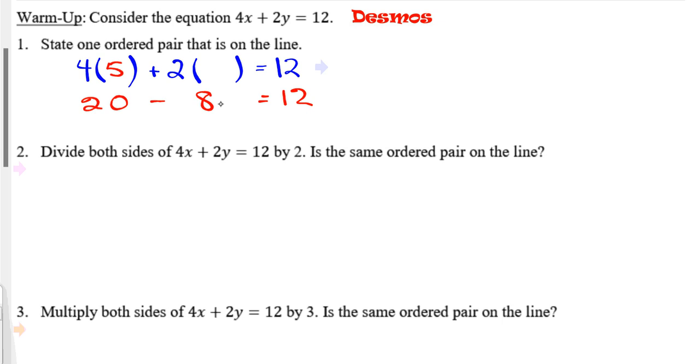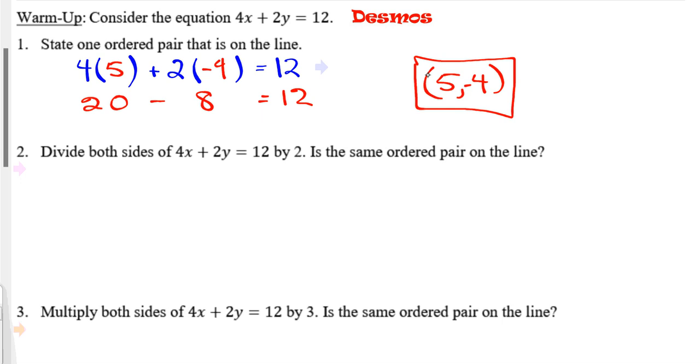In order to get a negative 8, I'm going to have to multiply this 2 by a negative 4. So then 20 minus 8 equals 12, and my ordered pair is 5, negative 4.